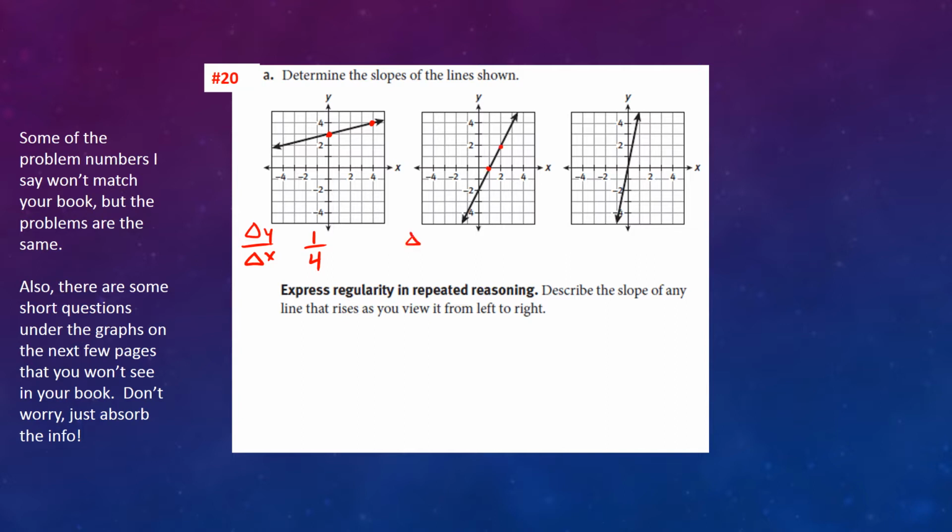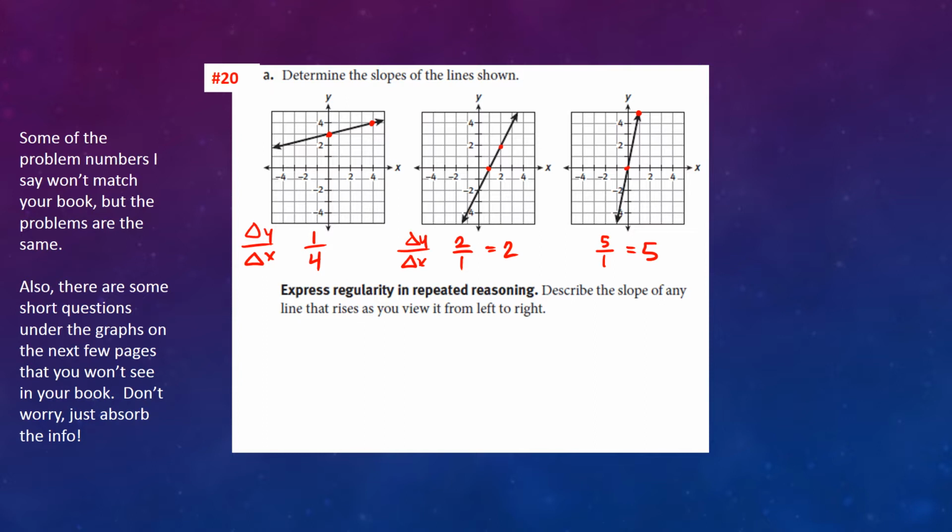So y always goes on top. The change in y is going up 2 when x goes over 1. So that slope would look like 2. And this one, here's a spot, and I guess here would be the next one. So that goes up 5 when it goes over 1. So that would be a slope of 5.